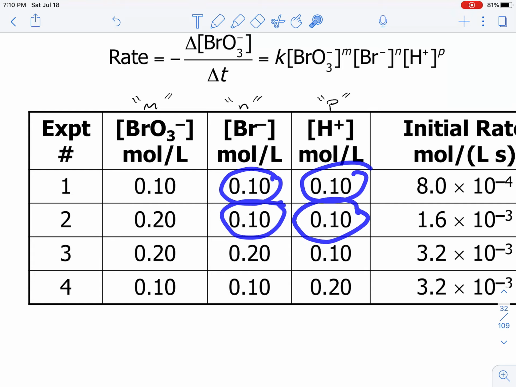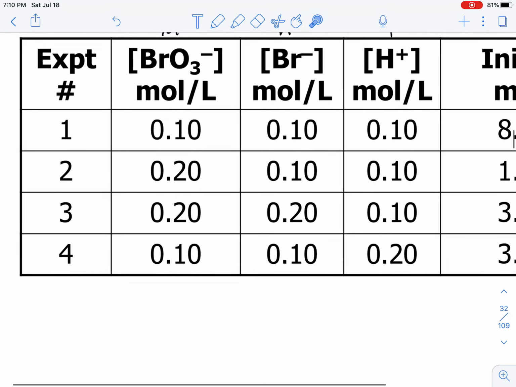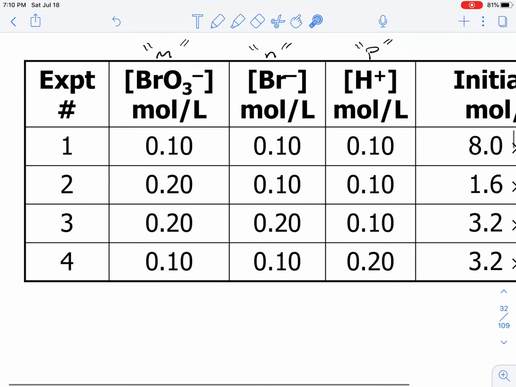So if we take the ratio of the kinetic data between experiment 1 and experiment 2, we know that these values are going to cancel out, enabling us to cancel n and p. That will leave us with just 1 variable, which in this case is lowercase m, and we can figure out the orders of reaction based on what's left over. So we'll do just that.